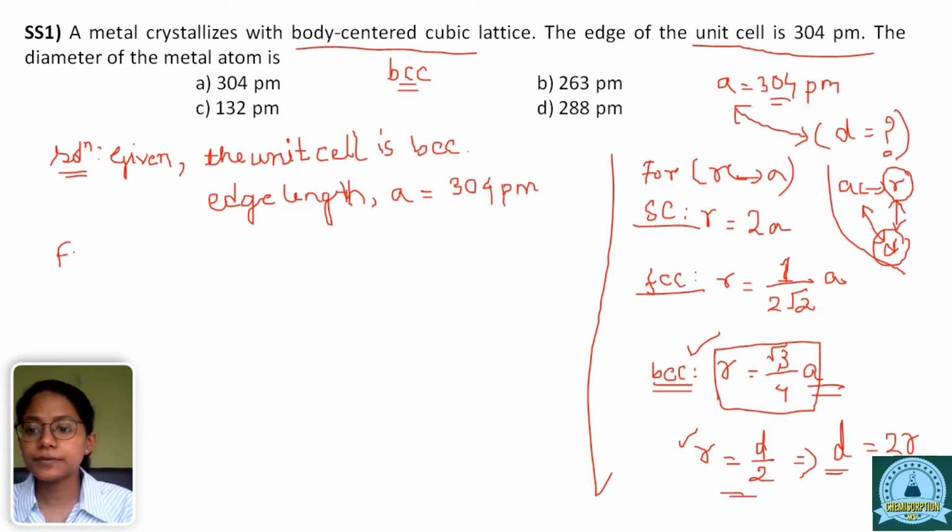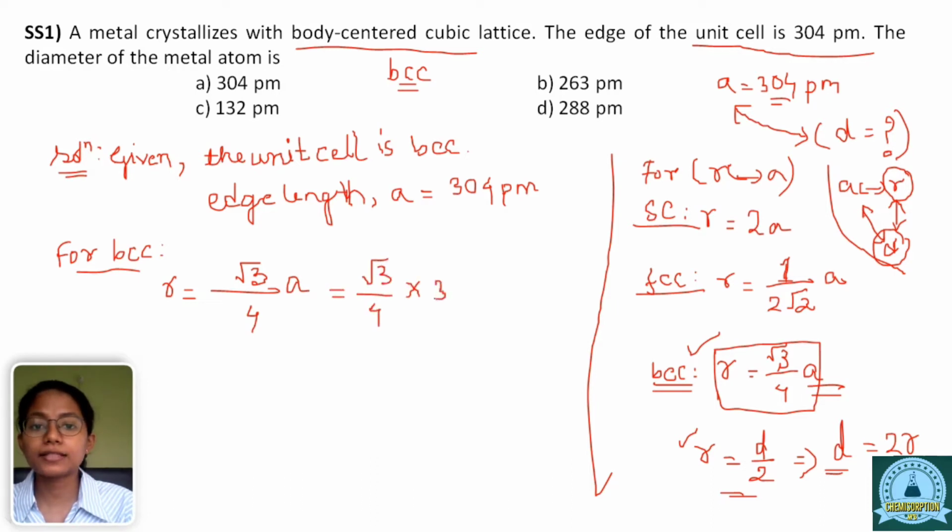For BCC, r is equal to root 3 by 4 a, which is equal to root 3 by 4, and in this case a is equal to 304 picometer.